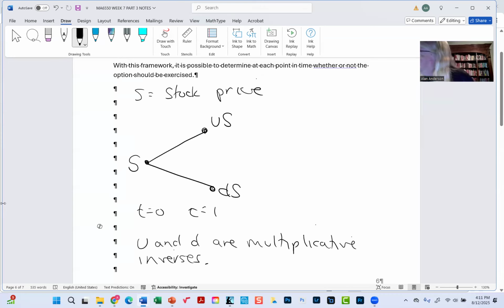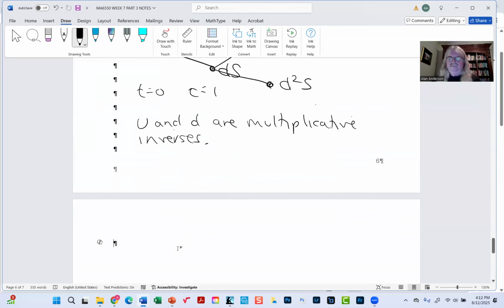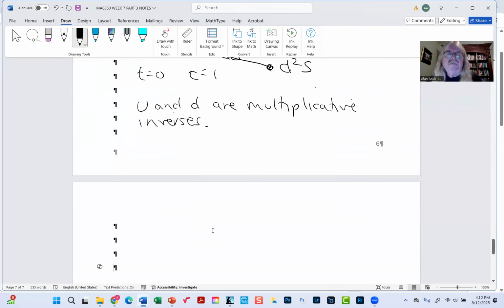If we go out one more step, we can go up to U squared S, down to UDS, up to DUS, or down to D squared S. Now, because these trials are independent of each other, in other words, each time step could be thought of as a trial, what this implies is that UDS and DUS are the same element.